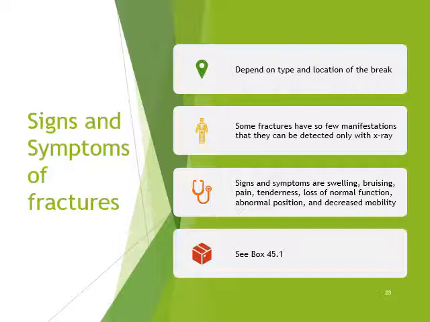So that goes through all the things that we were talking about. One extra thing it talks about is crepitus, and crepitus results from broken bone ends rubbing together. It can also be like air getting into that area, especially with a compound fracture.